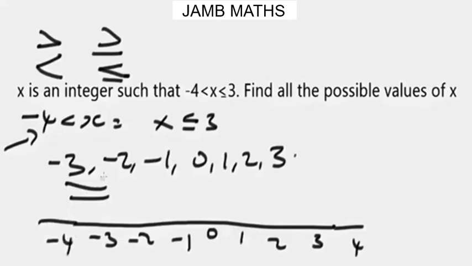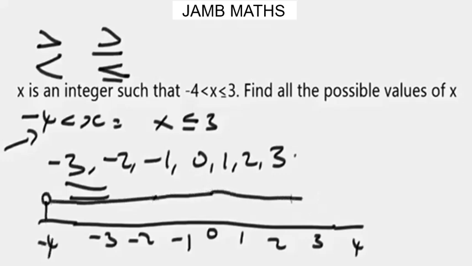So this will be the range of this inequality. I want to explain something here. So let me write this -4 here. So it will be something like this, and add the value 3.